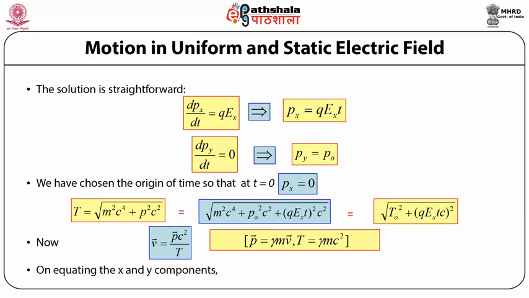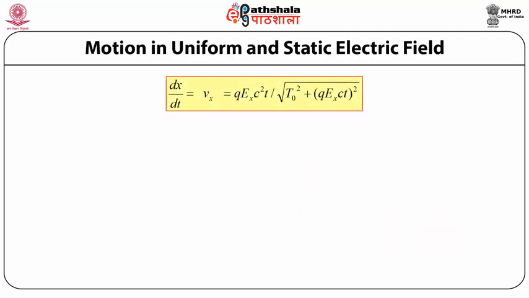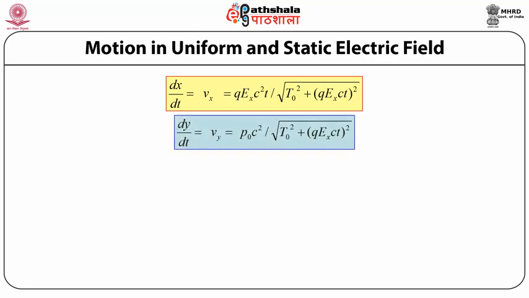So, on equating the x and y components, dx/dt = vx = qExc²t divided by √(T naught² + (qExtc)²), and dy/dt = vy = p naught c² divided by √(T naught² + (qExtc)²).